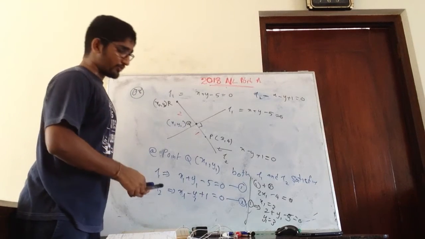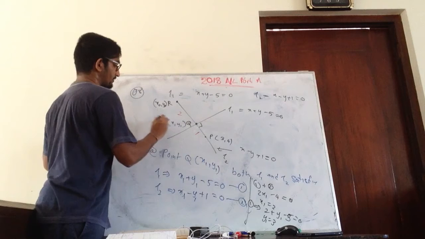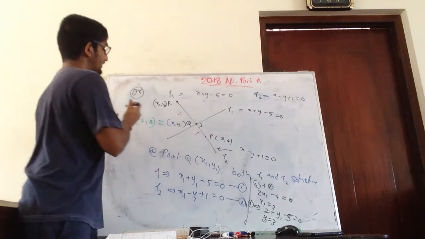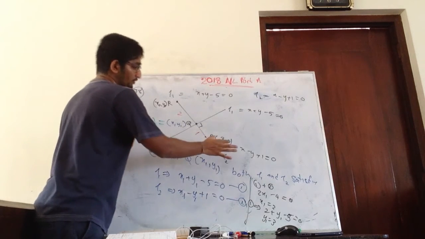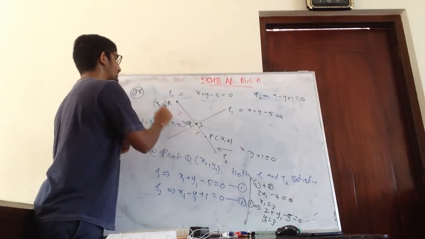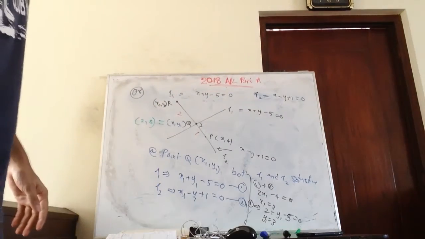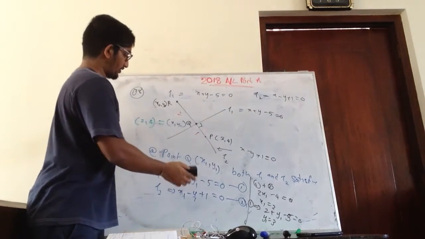Right? So now you have found this as 2, 3. If you know this coordinate and this coordinate, then from the ratio you can find the r coordinate. Right, so now you have found all these things.